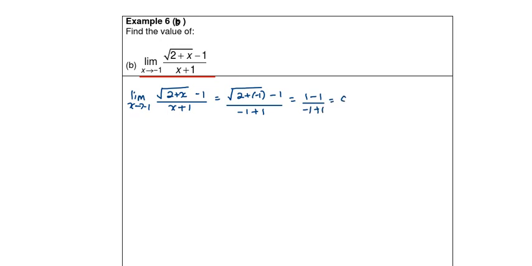We get 0 over 0. When we get 0 over 0, it is called IDF.